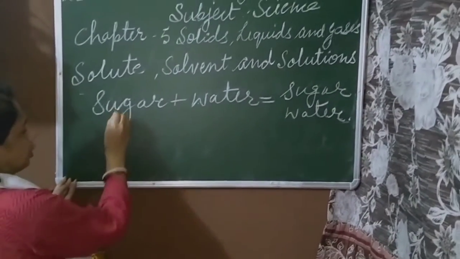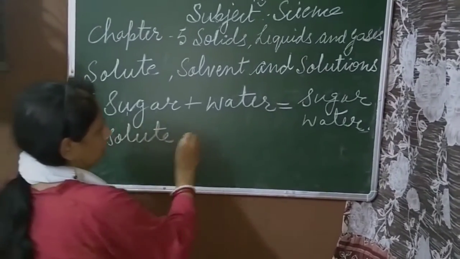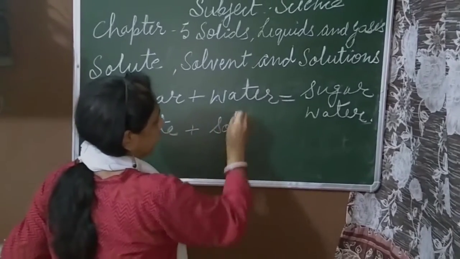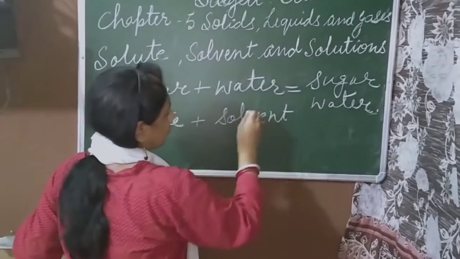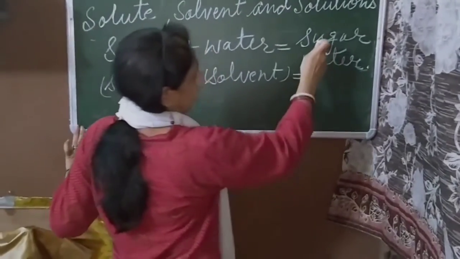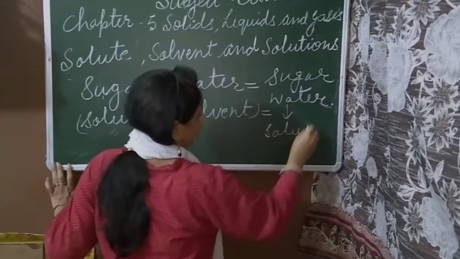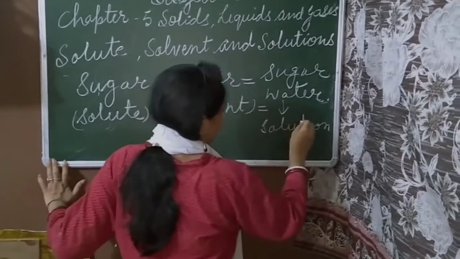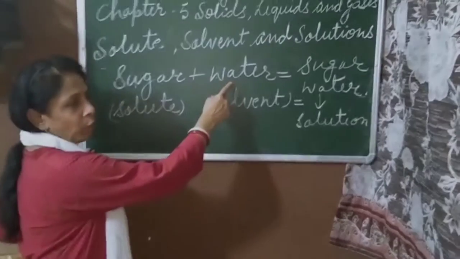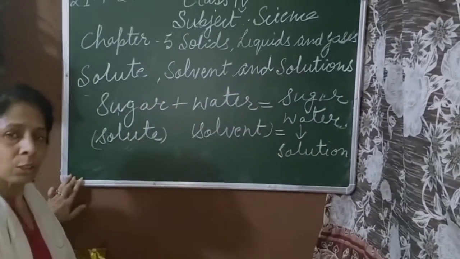Here sugar is solute, water is solvent, and this sugar water is solution. When we add sugar in the water, what we get? Sugar water, that is solution.